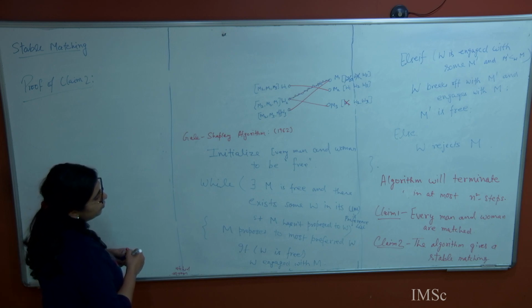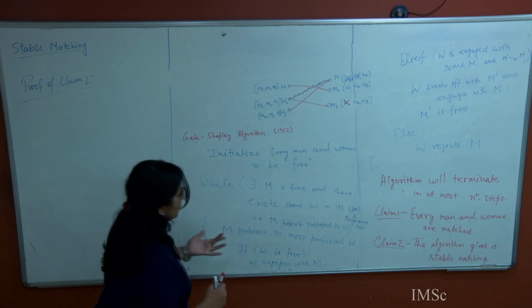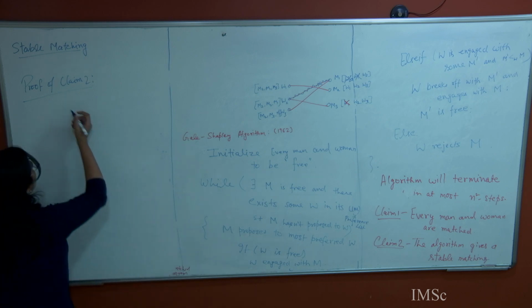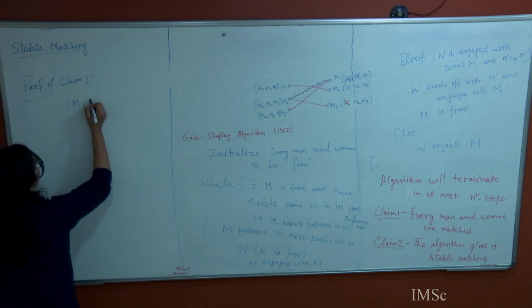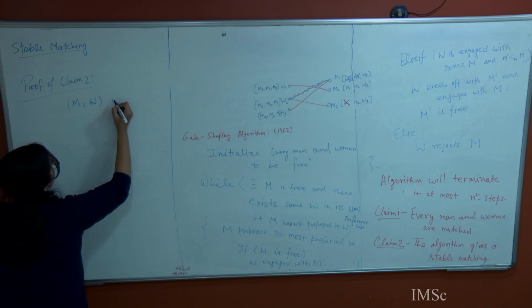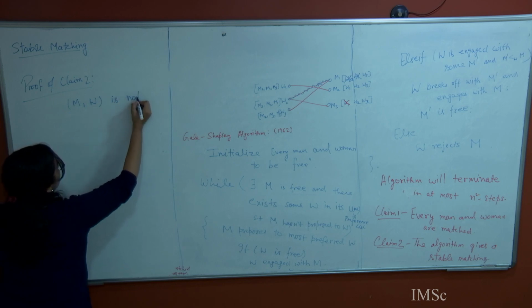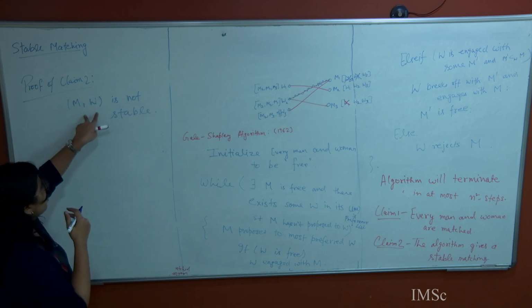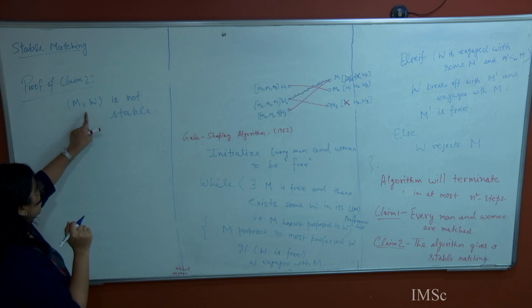Okay, for claim 2, we will prove that the algorithm gives a stable matching. Suppose there is some pair M and W which is not stable. What does it mean?